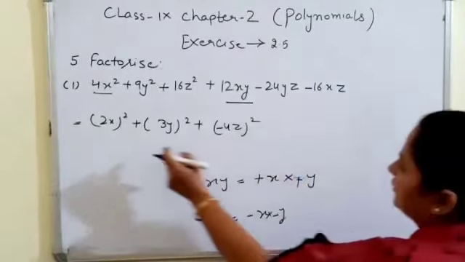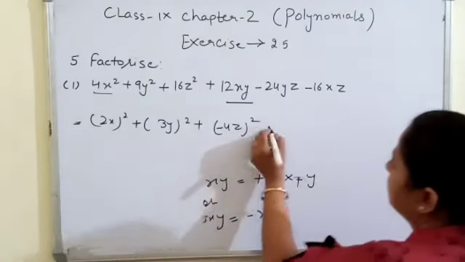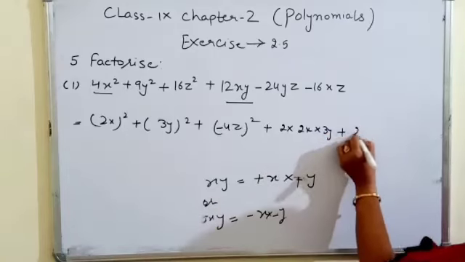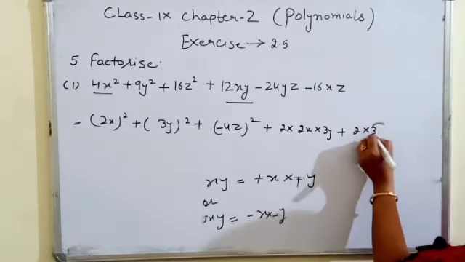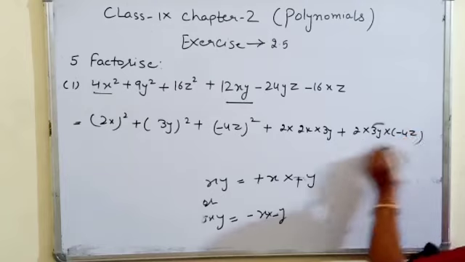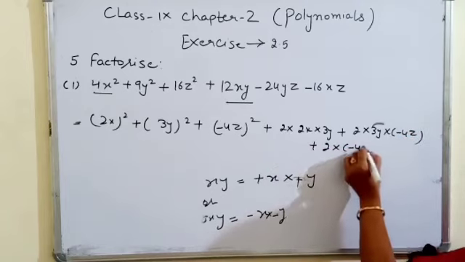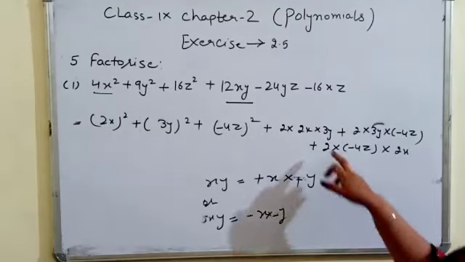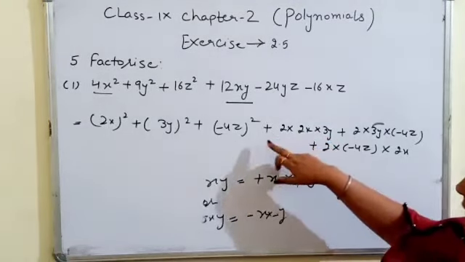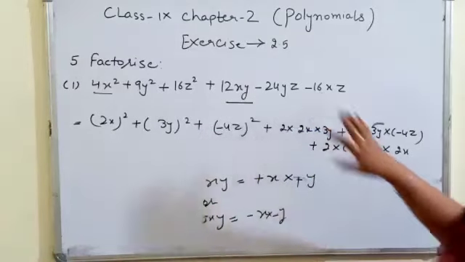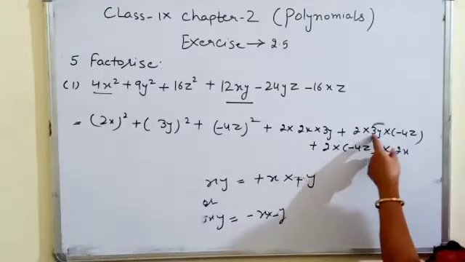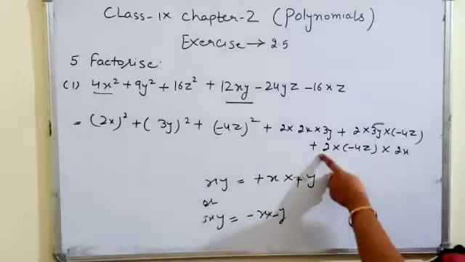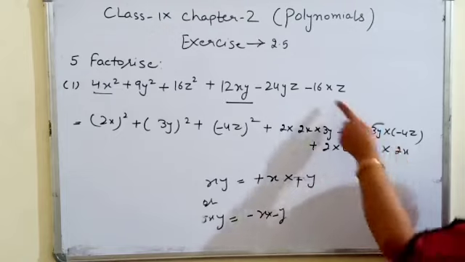Now let's do the multiplication: A square, B square, C square, 2AB, 2BC, 2CA. Let's see when we solve it. 2 times 3 is 6, 6 times 2 is 12. This is plus 12xy, and yz is minus. So 2 times 3 times 4 is 24, that is minus 24yz, and 2 times 4 is 8, 8 times 2 is 16, minus 16xz.